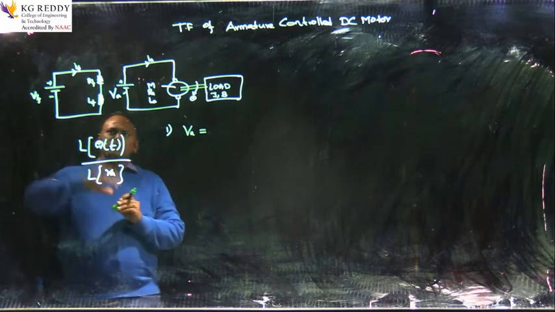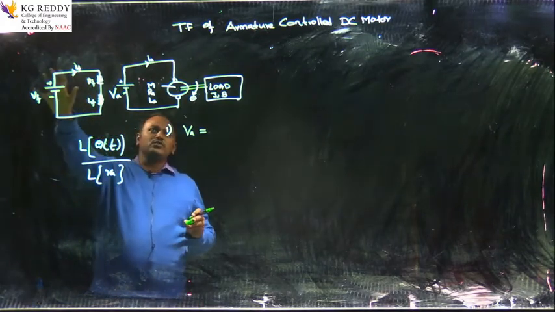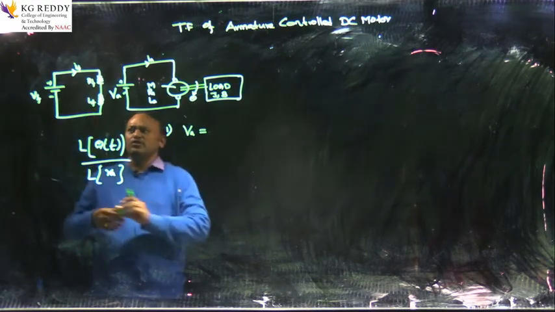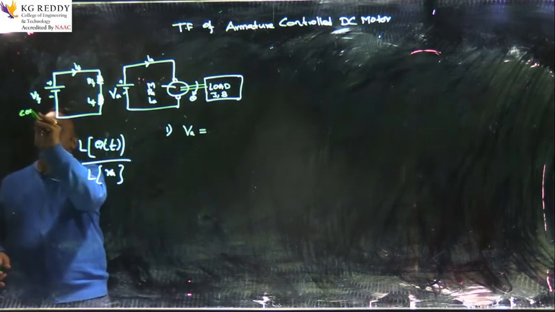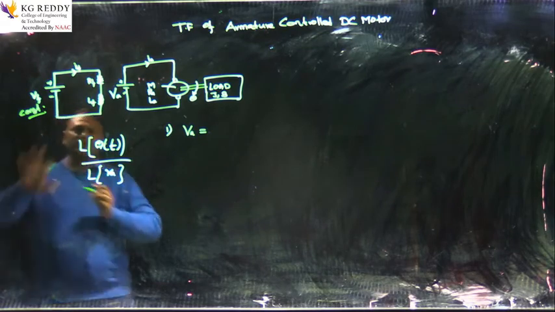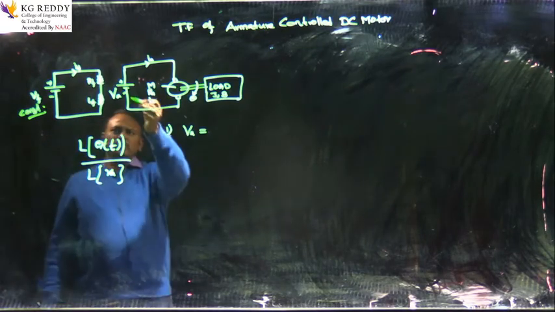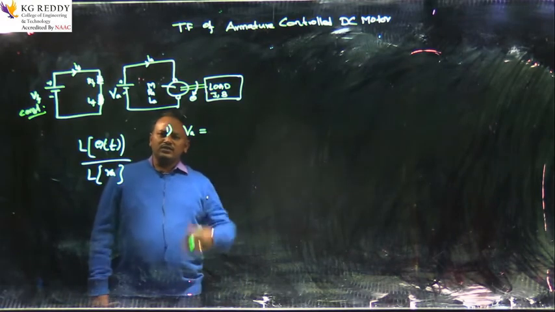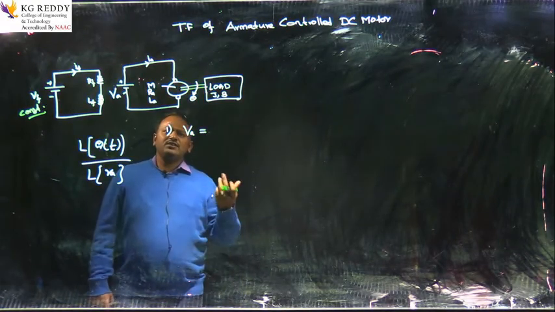Even though we have represented them here, these are constant because we are talking about armature control of a DC motor. Therefore, the field circuit is constant. Only for representation we have given this, whereas we are varying the armature voltage and trying to control the speed. Control in the sense that we are trying to obtain our desired speed of the motor.